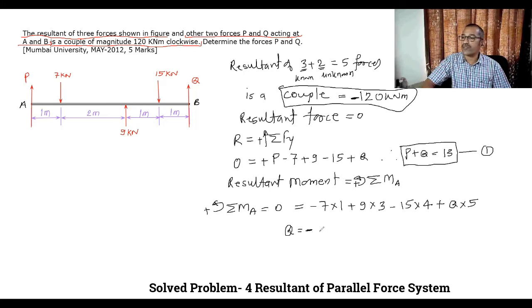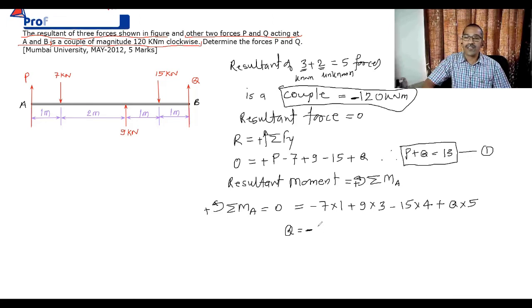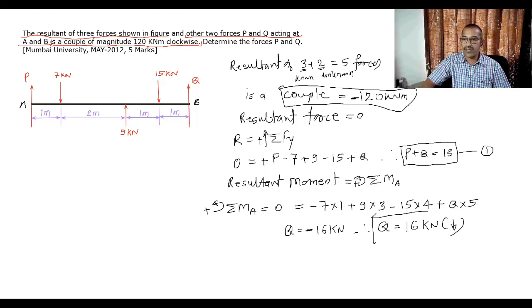Just check how much we get: 16 kilonewton. What does it represent? The direction we assumed for force Q, upward, is wrong. That means the 16 kilonewton is in the downward direction. So this is the magnitude and direction of the first force.